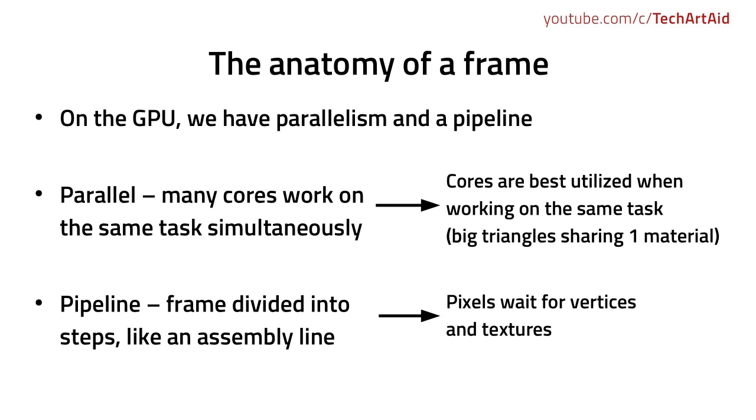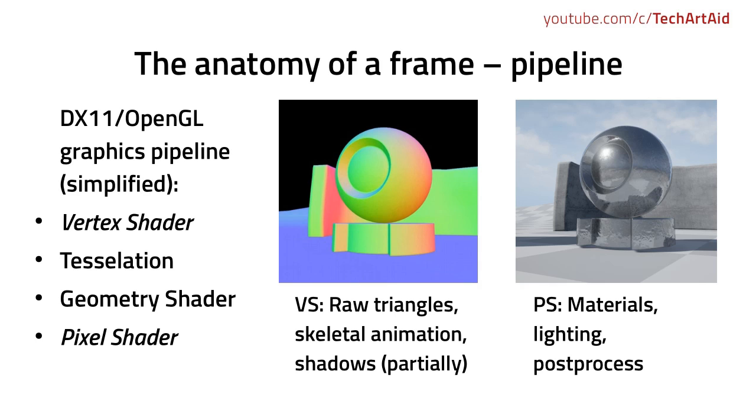Now, a pipeline is like an assembly line. The frame is divided into steps, and for example, the vertex shader passes the data further to the pixel shader where the pixels are computed, and only then is it passed onto the screen. So this means that the pixel shader can't continue before it's fed with data from the vertex shader.